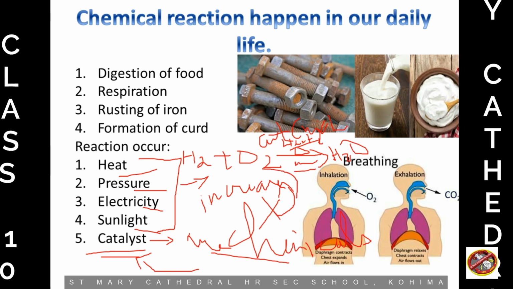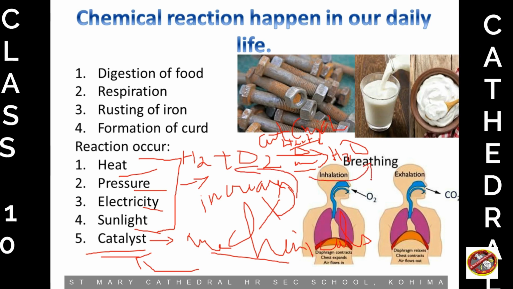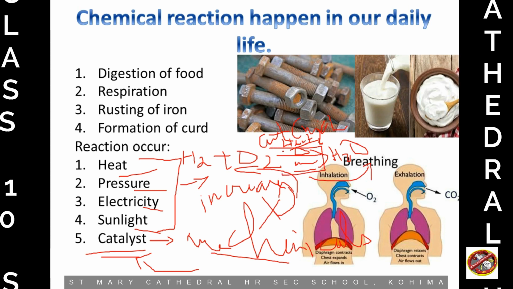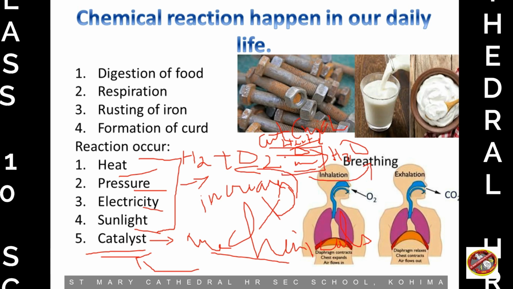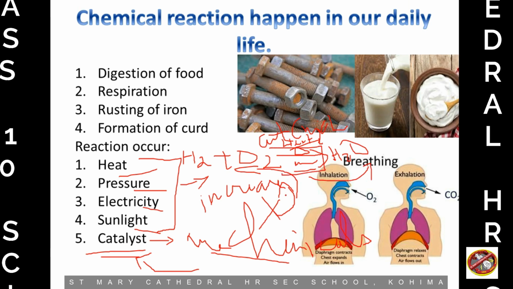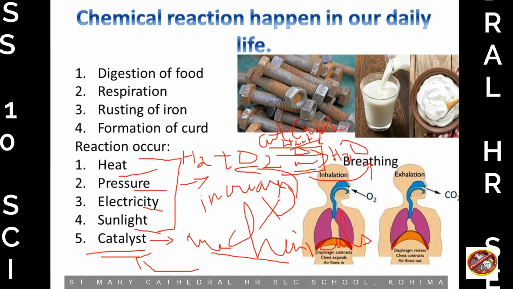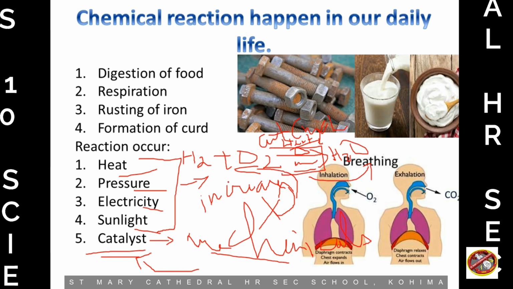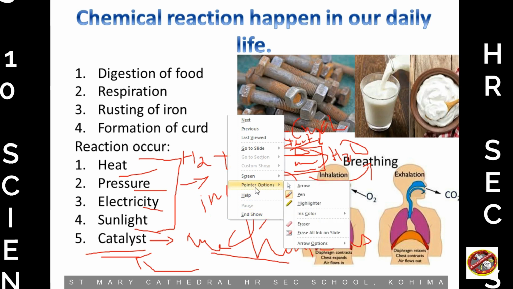They will not be participating in the reaction to form a new substance, but they are just helping the reaction to boost up. All right, I hope you have got the point over here.